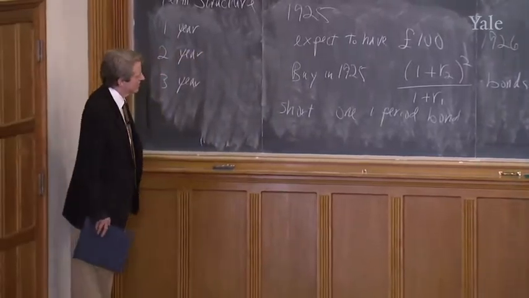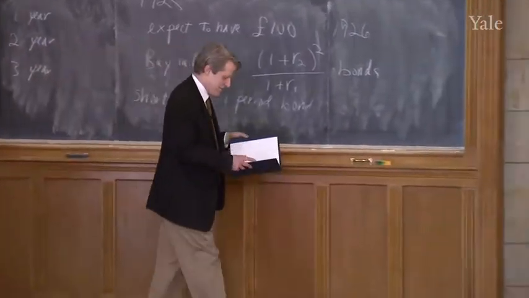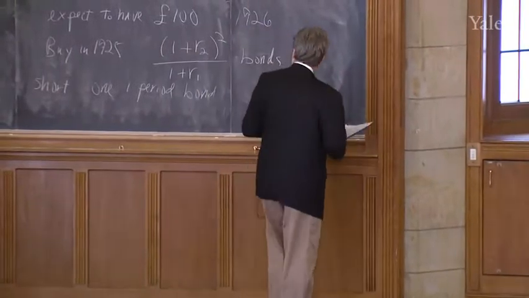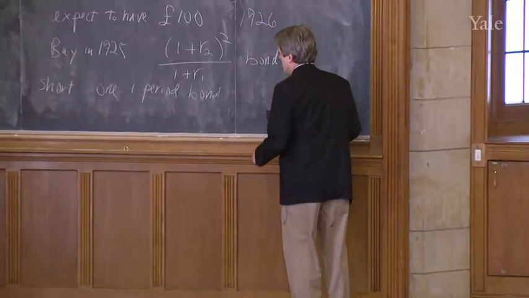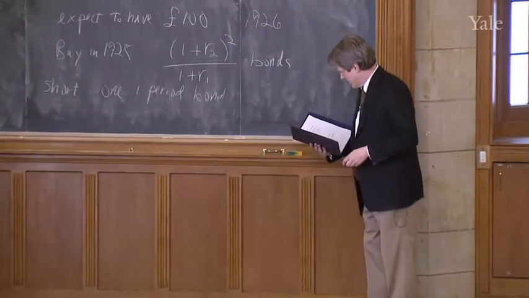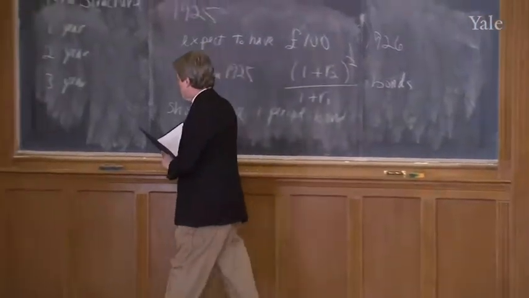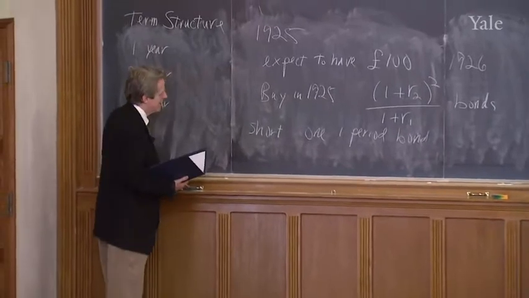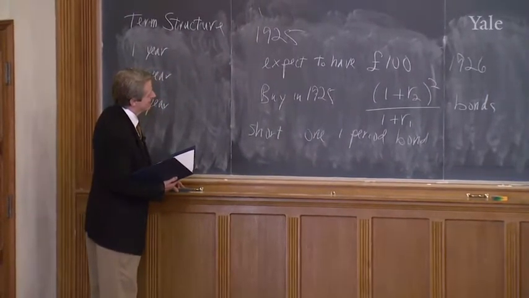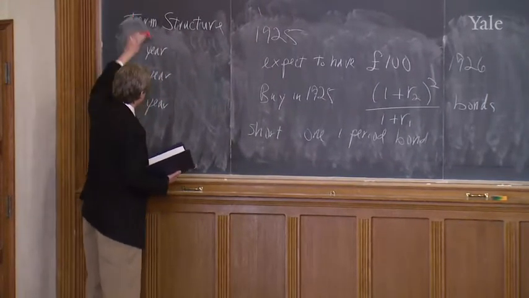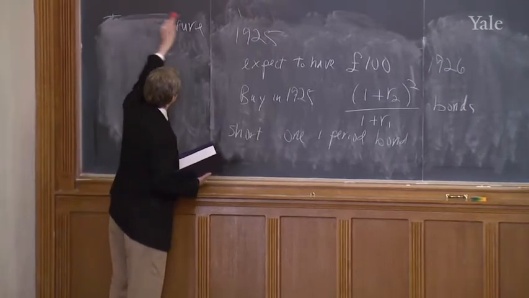So what is the return that I get? The return that I get is the ratio. We'll call that the forward rate between 26 and 27 as quoted in 1925.